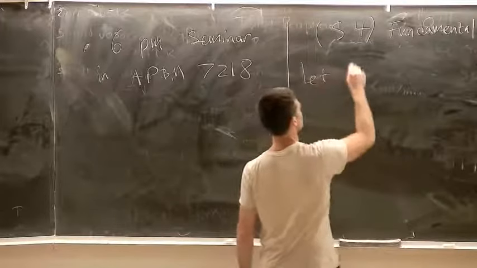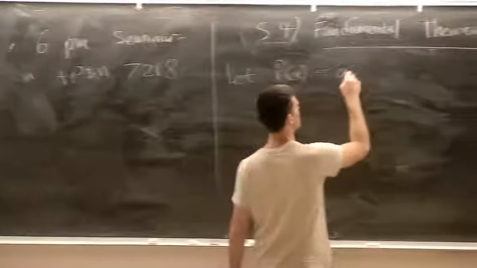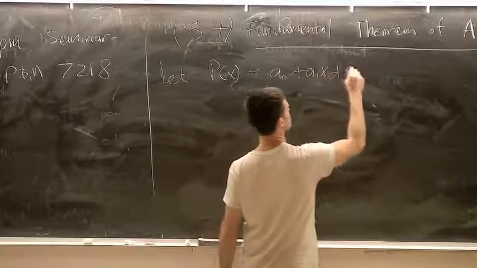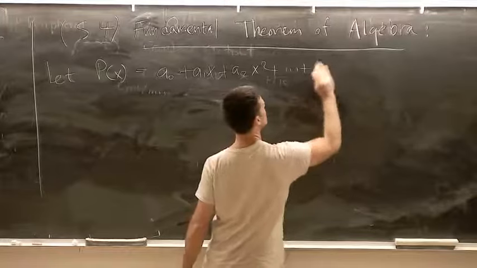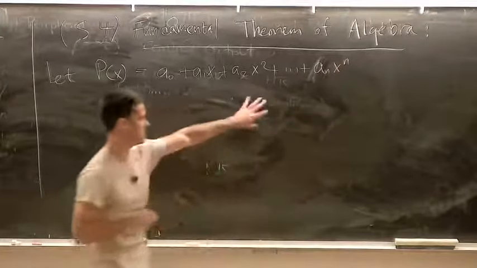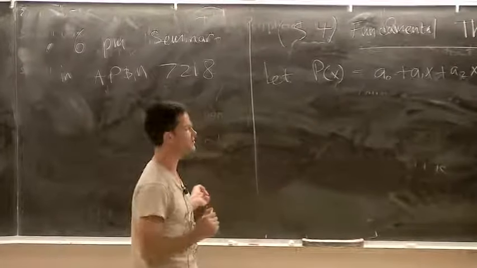Let p of x be a polynomial, so you'll have maybe some constant term, an x term, an x squared, all the way up to x to the n. That's a general form of a polynomial of degree n.